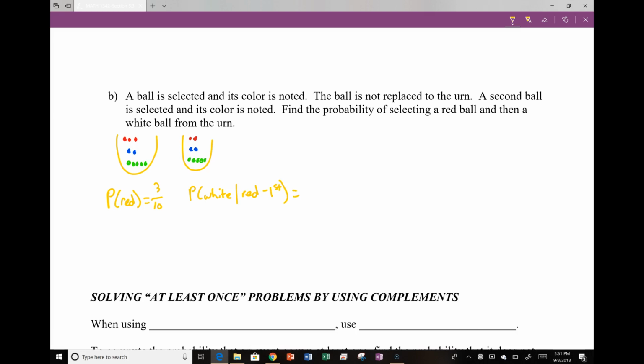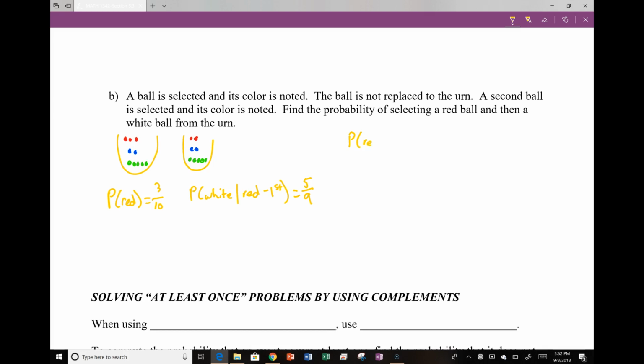Well, we still have 5, but this time it's going to be out of 9. So I don't have the same probability because I don't have the same number of balls in the urn this time.